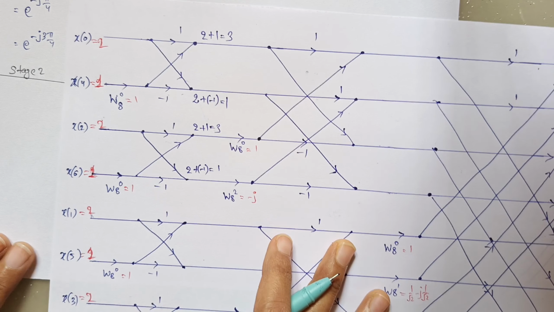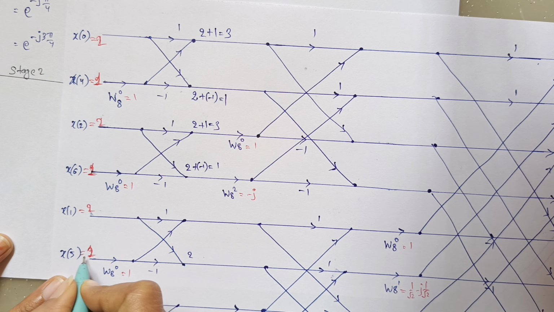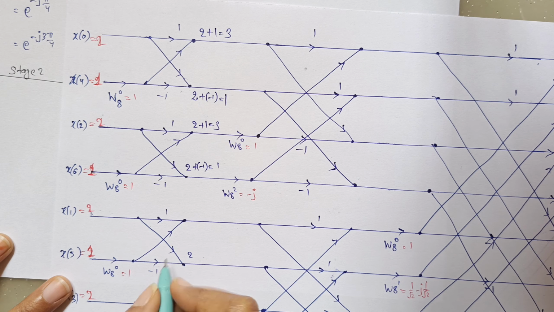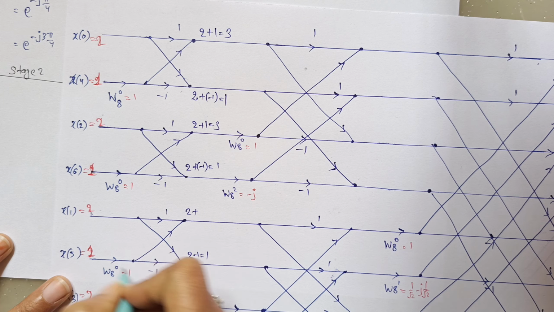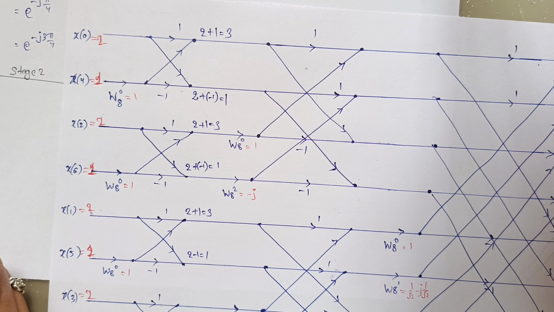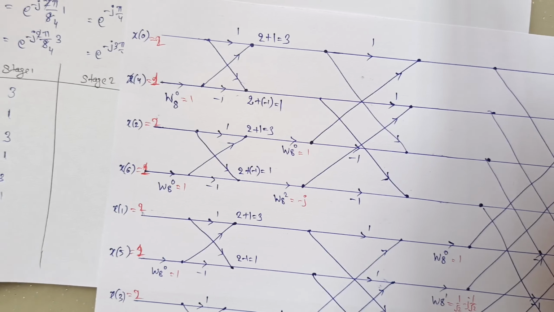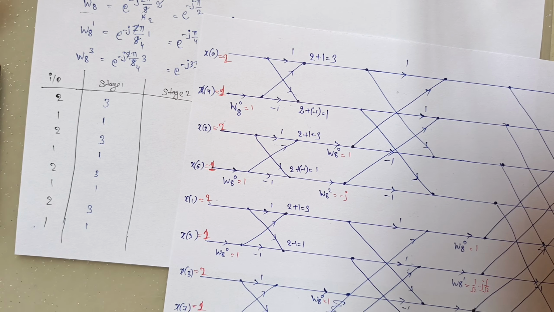In the same manner, 2 into nothing is 2, again here 1 into minus 1 is minus 1, so we will get 1, and in the same manner 2 plus 1 it will become 3 and 1. In the same manner for the bottom butterfly also we will have 3 1 3 1 3 1 and 3 1. Perfect. We have maintained the results for stage 1.